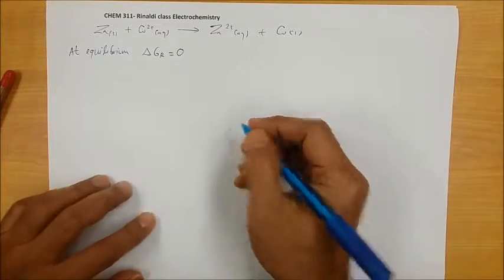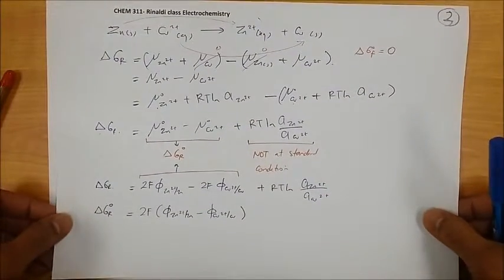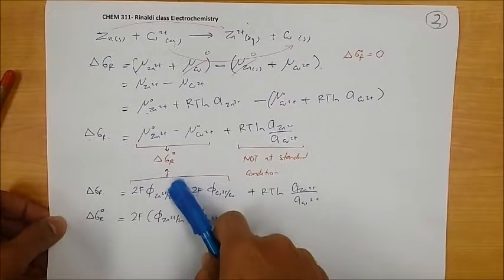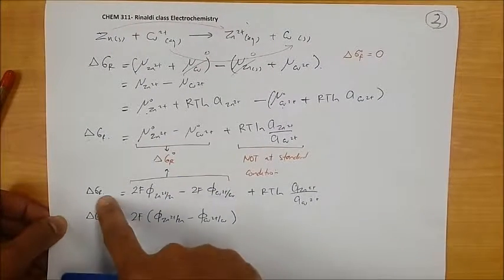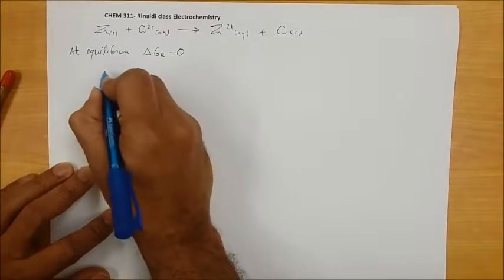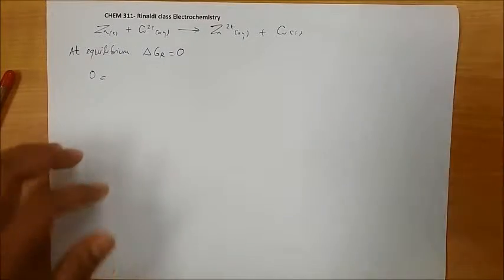We have the description of ΔGr from the previous paper, where ΔGr is equal to this term. So this means that 0 would be equal to this term.